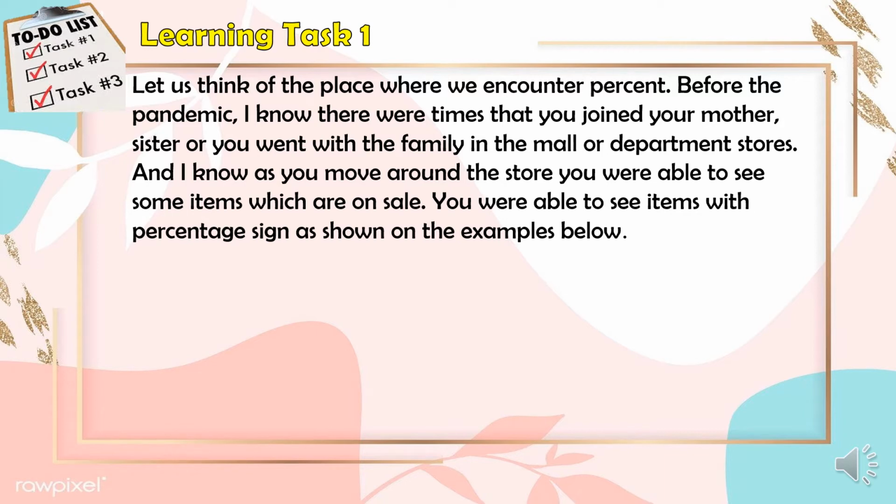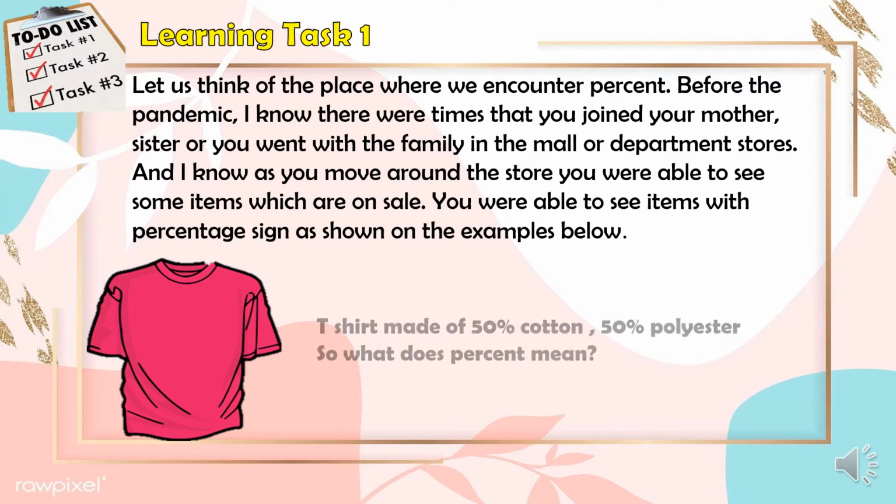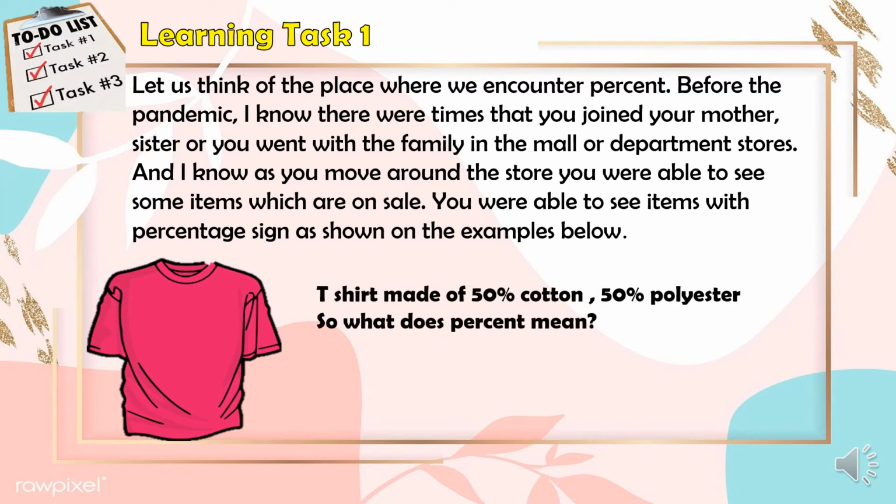And I know as you move around the store, you were able to see some items which are on sale. You were able to see items with percentage sign as shown in the examples below. So here is the t-shirt. The t-shirt is made up of 50% cotton and 50% polyester.